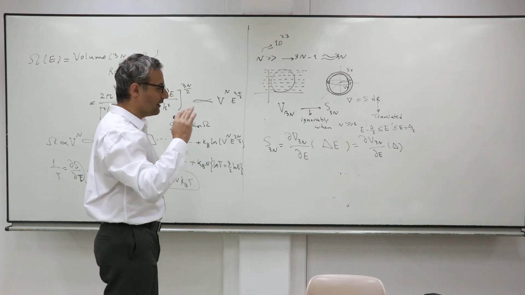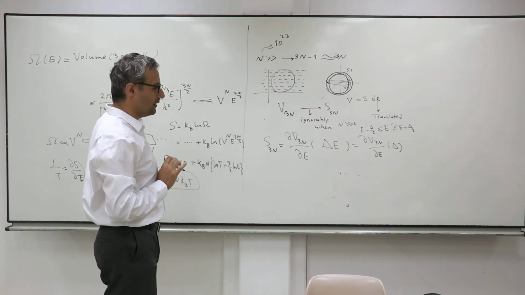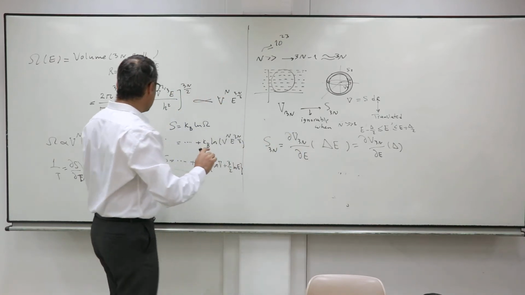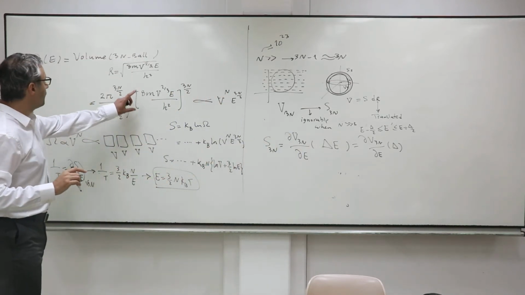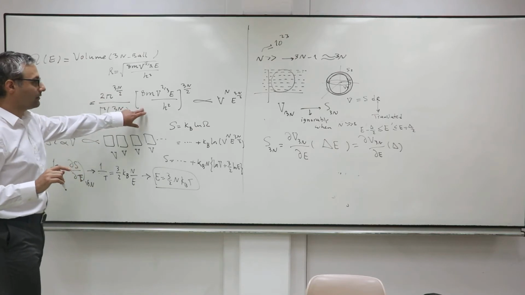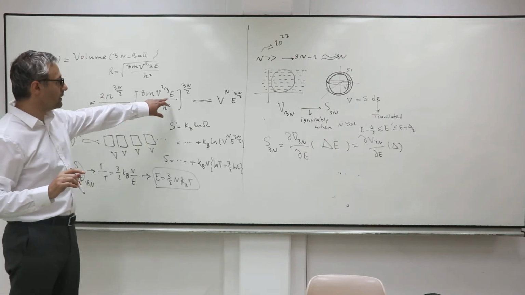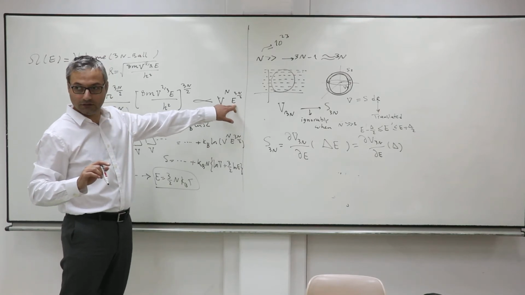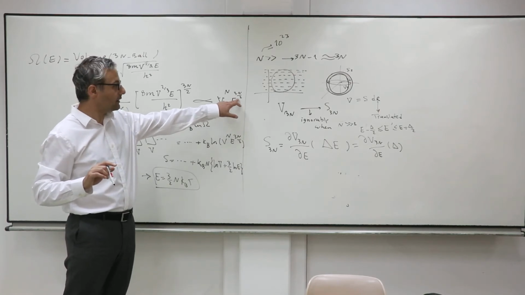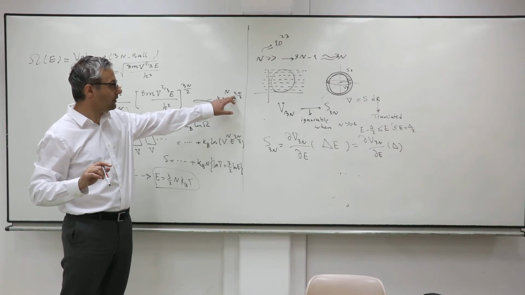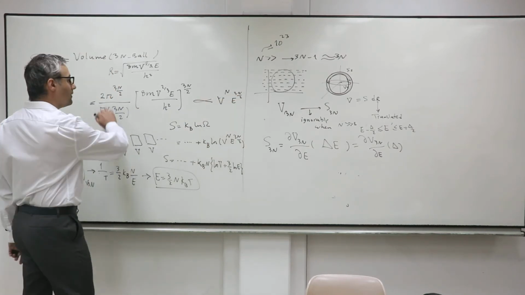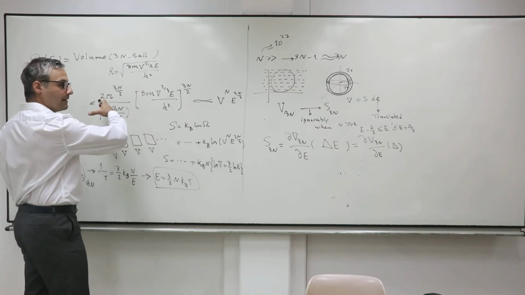But this is really not important here, because even if you take the derivative of the volume with respect to E, it just produces a factor of 3n/2 more, and you have a lot of n here, so it will be absorbed.